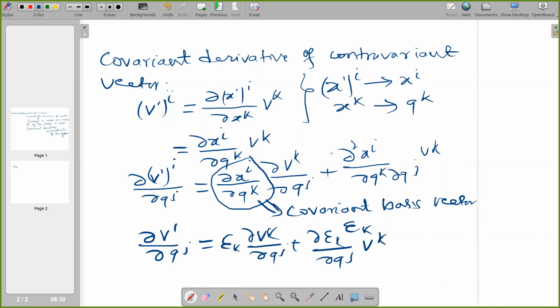Here, this vector equation is expressed in terms of the covariant basis vector. Here is a term, the differentiation of the covariant basis vector with respect to qj. This differentiation can be expressed in terms of the basis vector as follows.